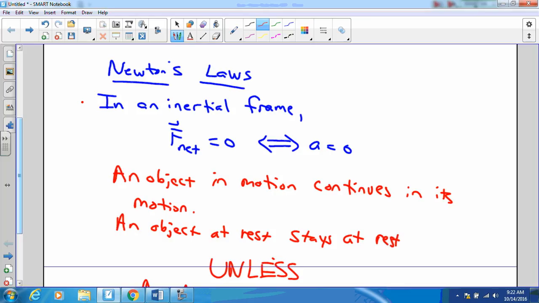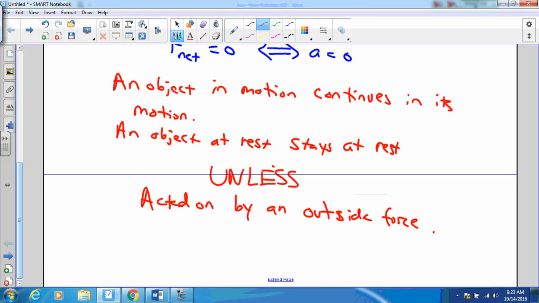And that was an artifact of our accelerating reference frame. So this applies to inertial frames only. Another way of putting Newton's first law profoundly is there exist inertial reference frames. So the first subtlety is this applies only to inertial reference frames.